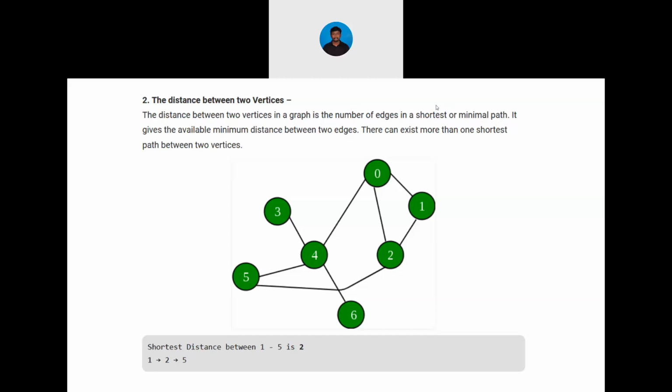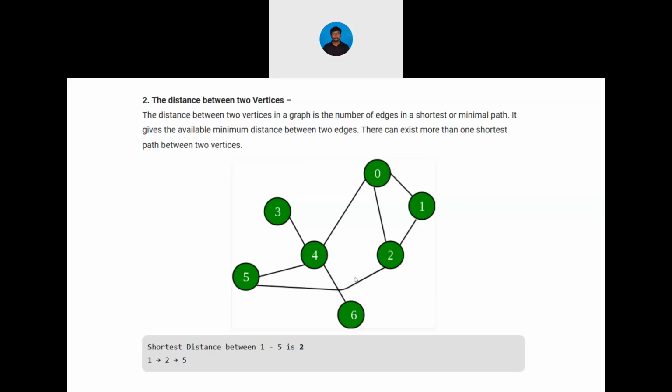This is what we have been calling the shortest path to reach a particular destination. It gives the minimum available distance between the two vertices. There can exist more than one shortest path between two vertices.